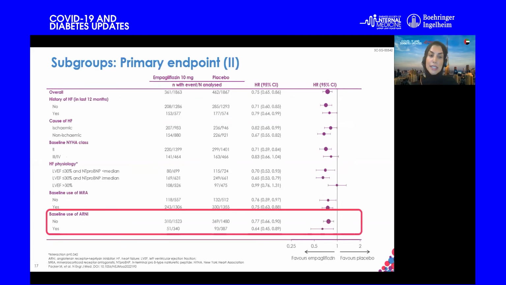Even if the patient is taking ARNI or not, the results from the primary endpoint when it comes to the composite of cardiovascular death and hospitalization for heart failure were still consistent. So even if the patient is taking an ARNI or not, he will still get the benefits of empagliflozin on top.